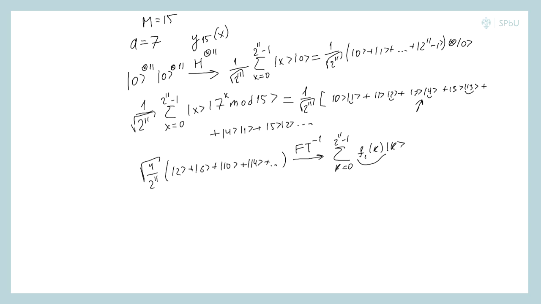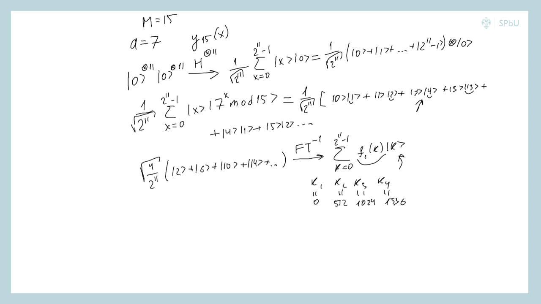And it turns out that only 4 values of k, k1, k2, k3, and k4, are present in this sum, and all others are equal to 0 due to quantum interference. These are the values of k equal to 0, 512, 1024, and 1536.